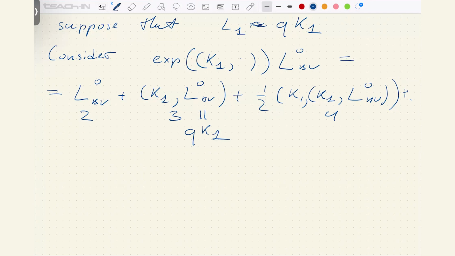So it's L1. Which means that if we take a trivial deformation, it amounts just to a certain field redefinition, right? Because this exponential of a bracket with K1 is an exponential of an evolutionary vector field, and it's nothing but a field redefinition. So if our first order deformation L1 is homologically trivial, so it has the following structure, then first of all, it always completes to all orders.